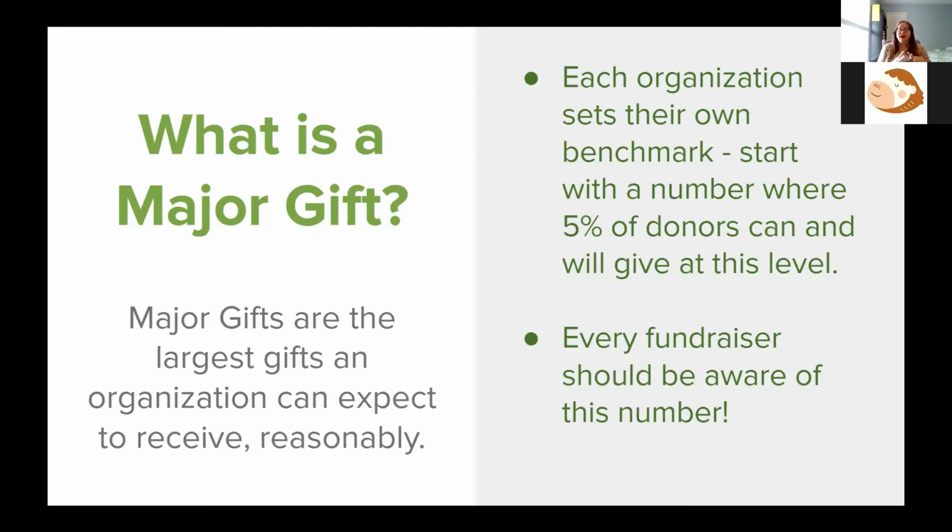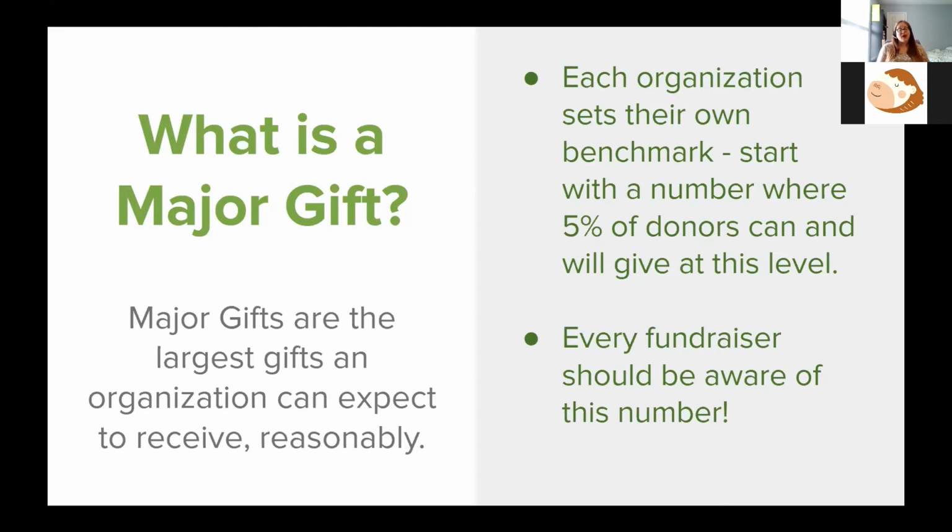So you should be able to set that benchmark. It might take a bit of a discussion, might take a bit of looking through your database, but every single fundraiser, whether you're a major gifts officer, just a member of your dev team, a solicitor, everybody should be aware of that number. So make sure that you talk about that with your team and make sure that, again, that reasonable number is in there.